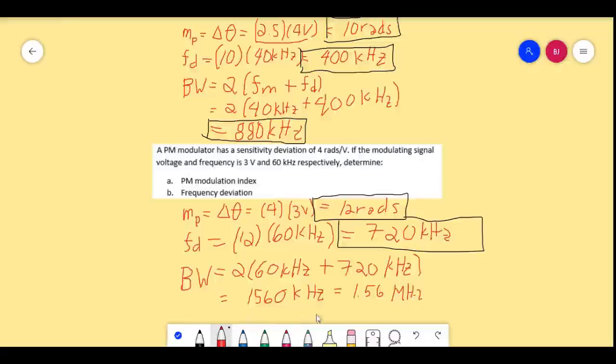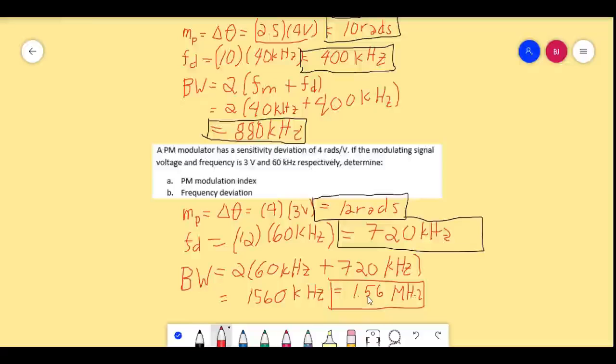So we just move these three together and we get the 1.56 megahertz. So that is how we are able to determine modulation index, frequency deviation, and bandwidth for PM signals.